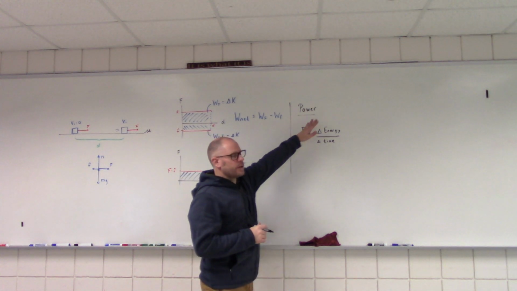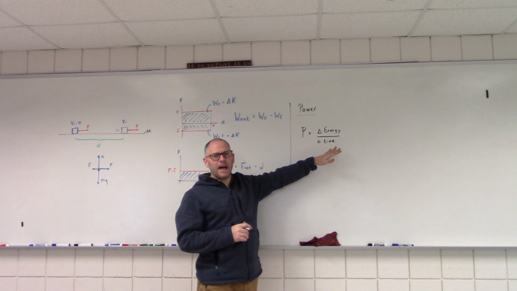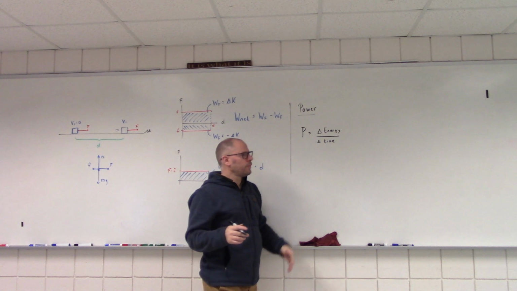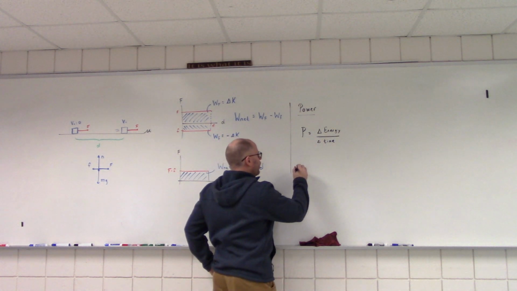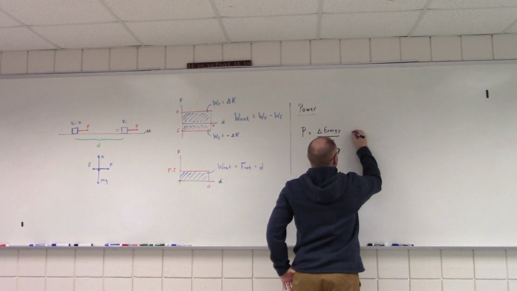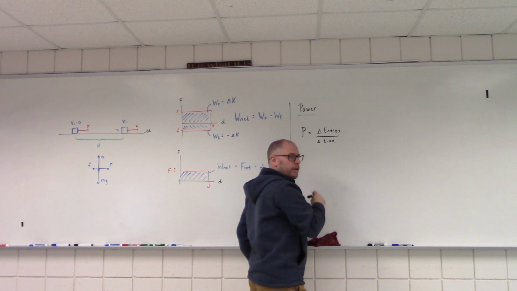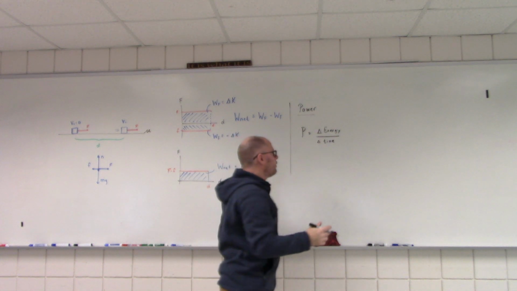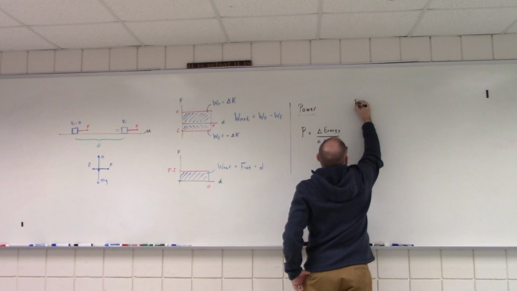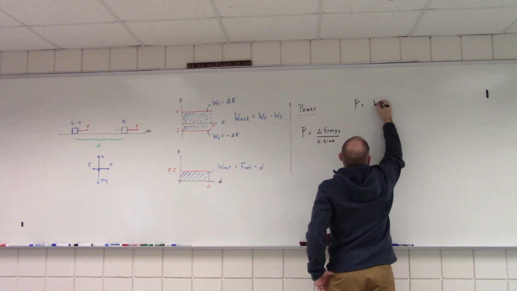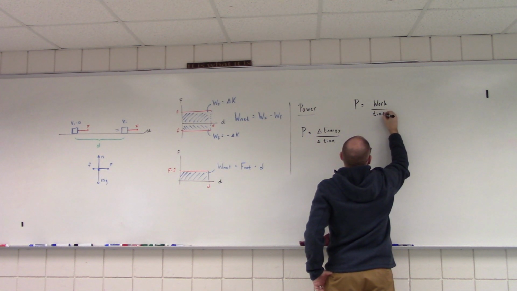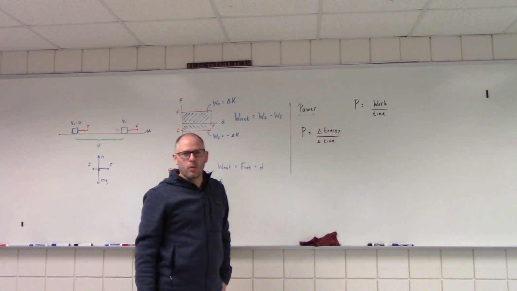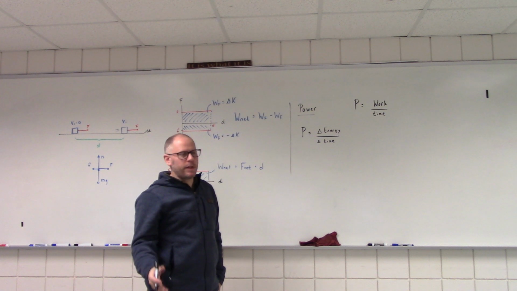We say that the power is the change in energy divided by the time over which the energy changed. There's a couple different ways to express this. One way to think about this is our change in energy, that is our work. So oftentimes you'll see power is equal to the work divided by the time. You see that often.